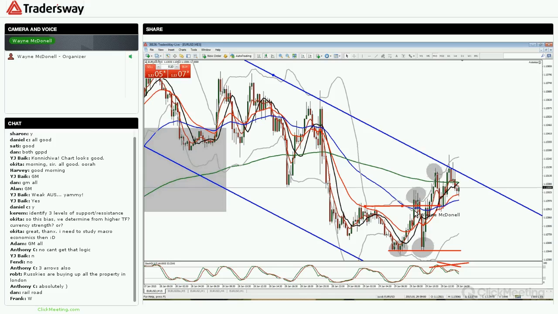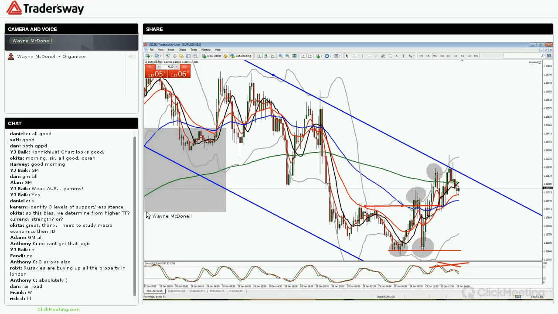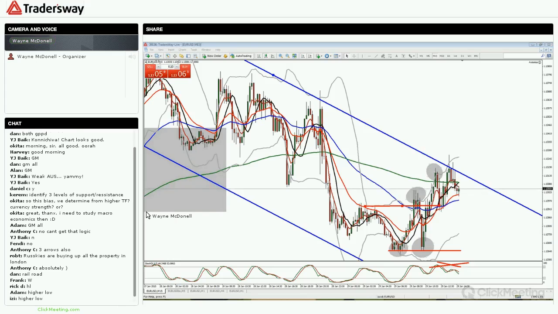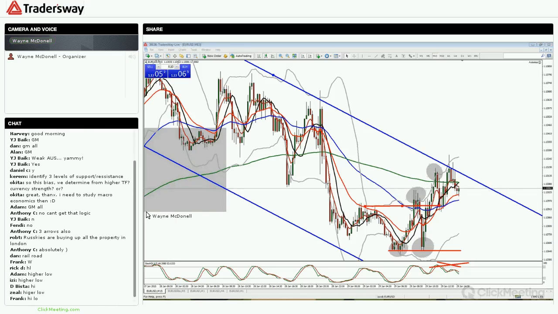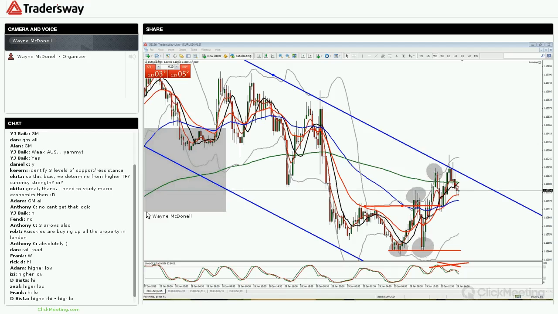What follows a higher high? A higher low. So you should prepare for that.